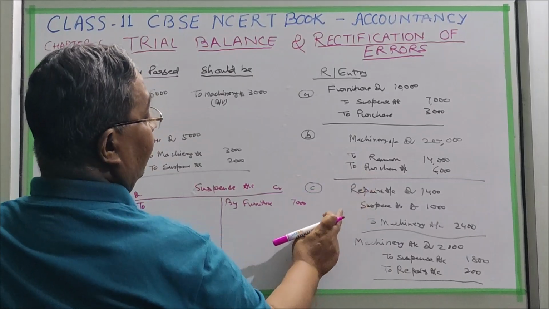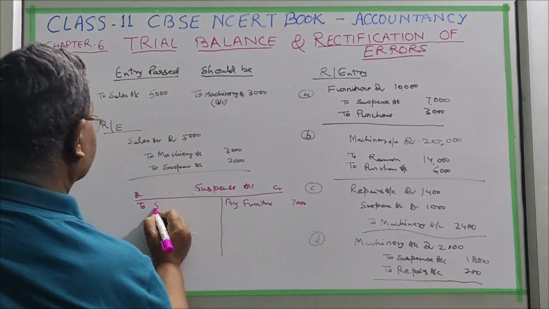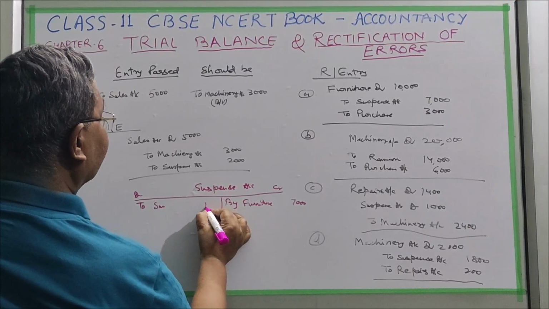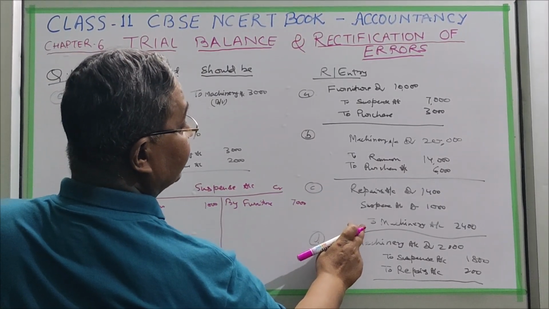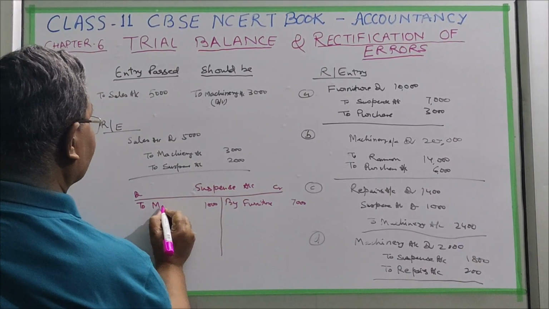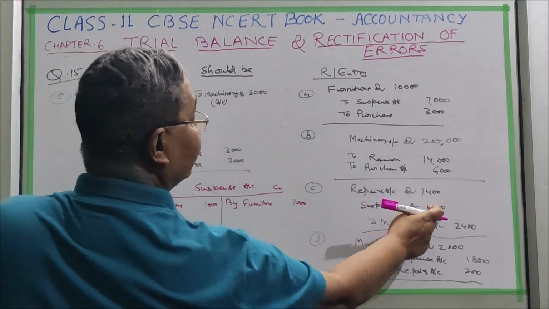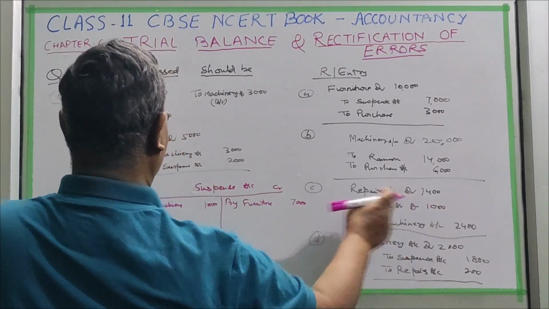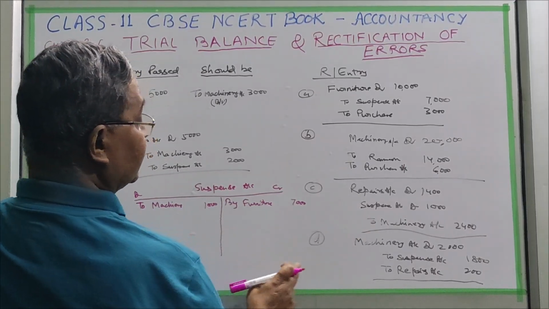Then the second: suspense account debit 1,000. The name will be machinery account, opposite to the machine account. The amount will be 1,000, suspense account debit 1,000, and the name will be the opposite.